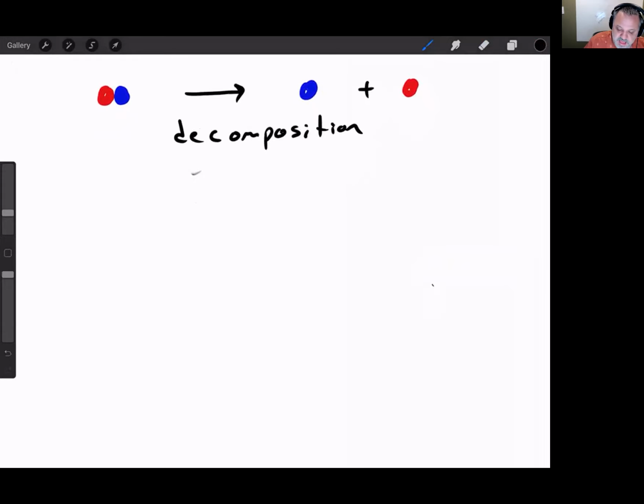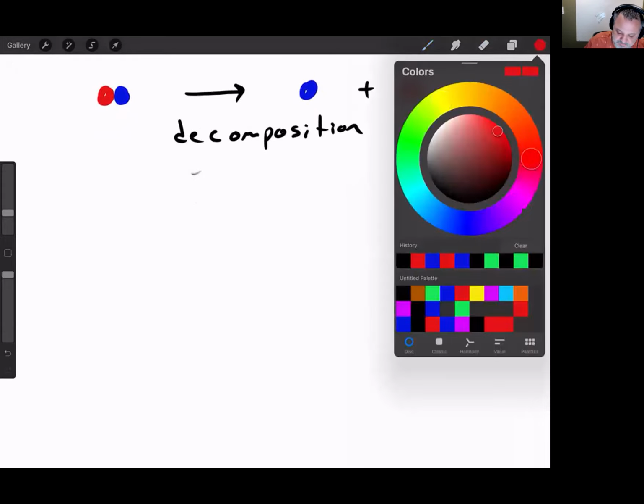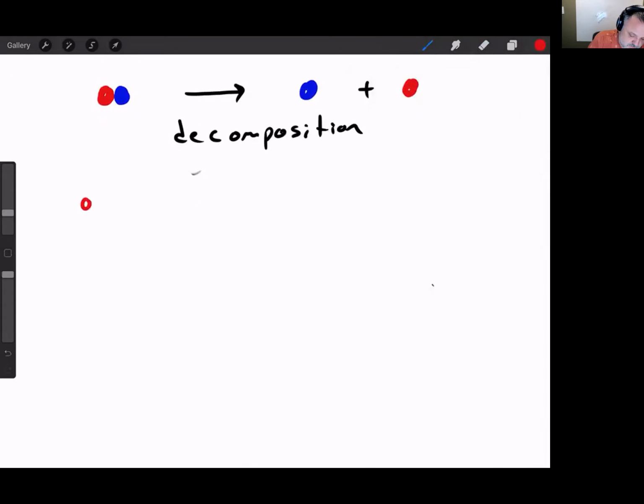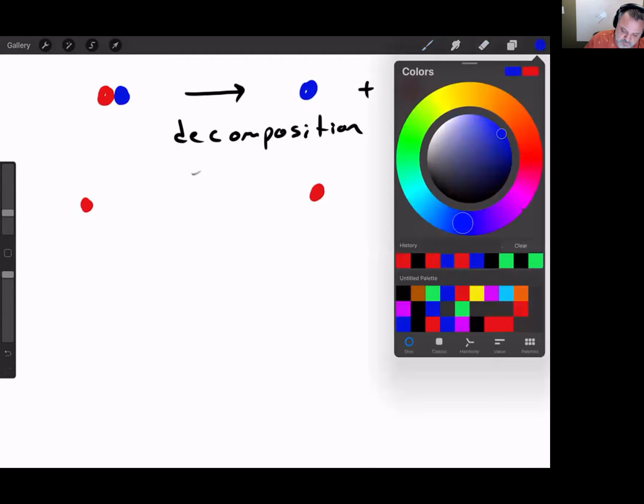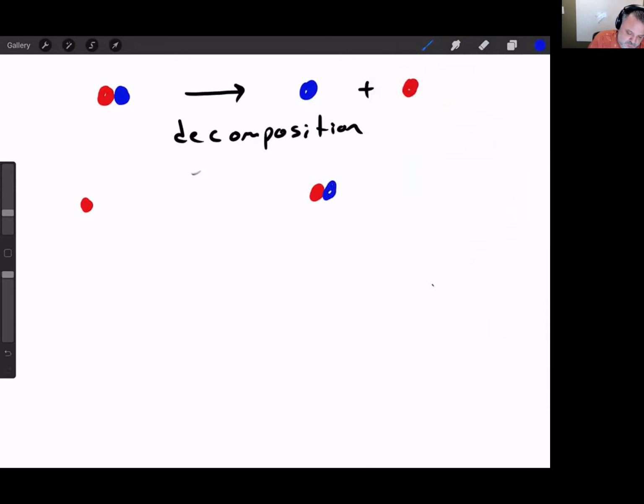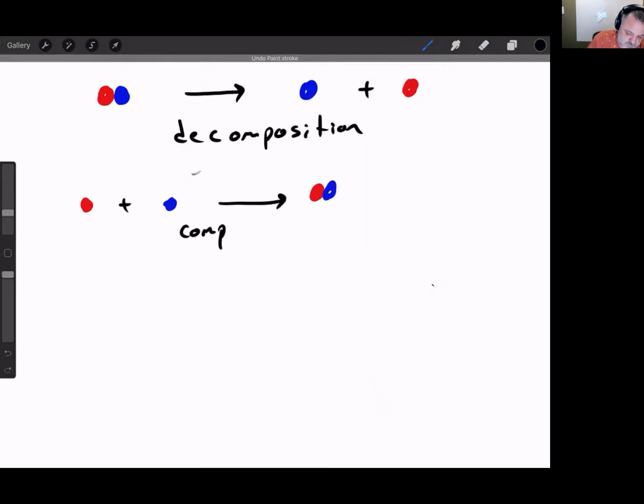Now, we can do the opposite of decomposition. And this is combination.